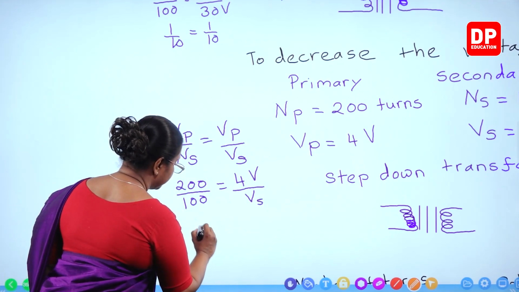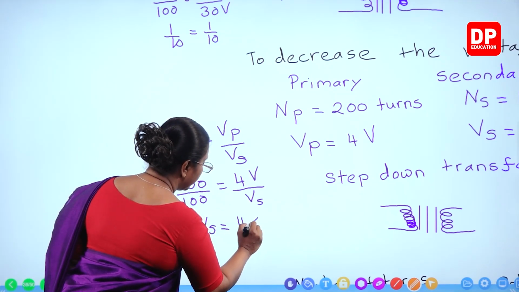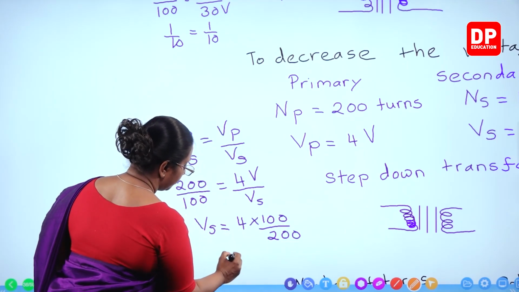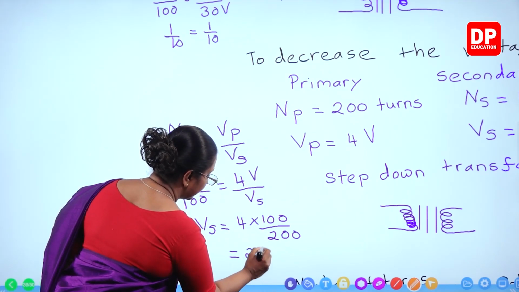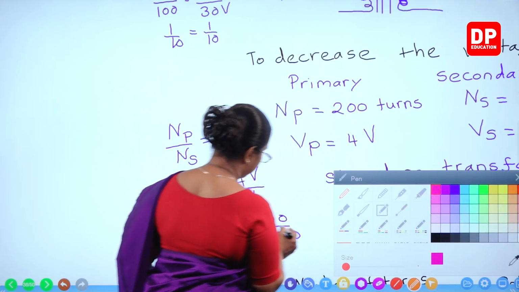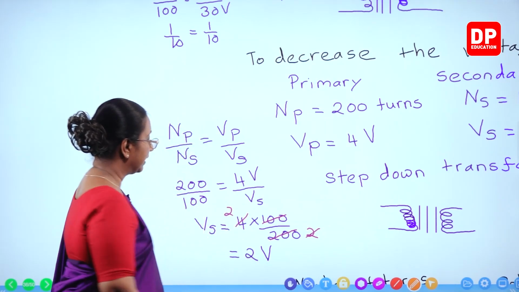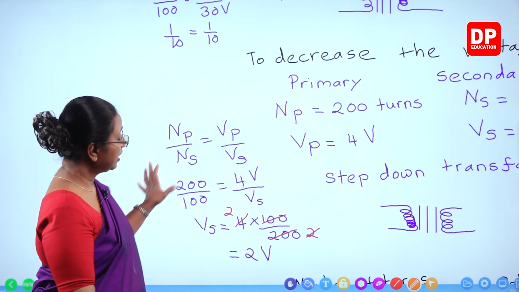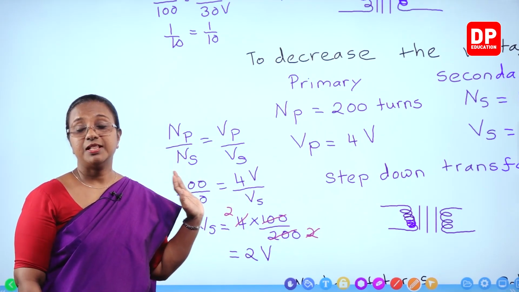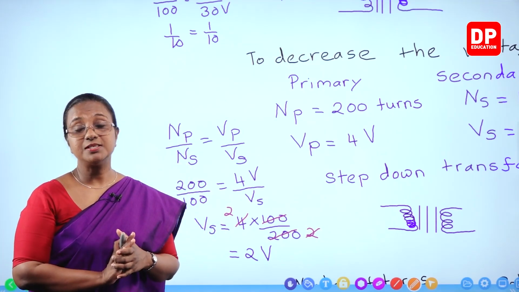If you rearrange, voltage in the secondary coil will be 4 into 100 divided by 200. When you simplify, 100 over 200 is 1 over 2, and 2 into 4 gives you 2. So, you will get the value as 2 volts. In case you need to find out, you do it this way. For that only we have the equation. So, that is how the transformers function.